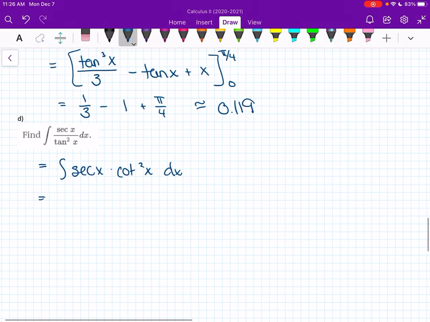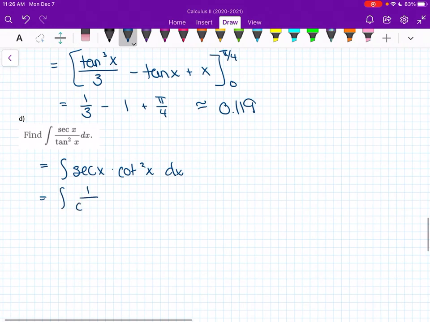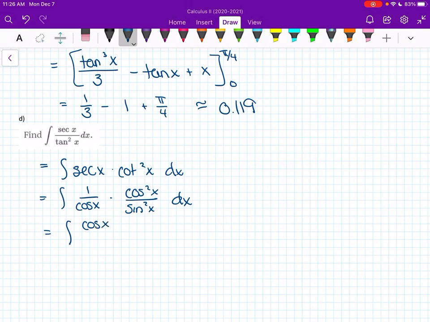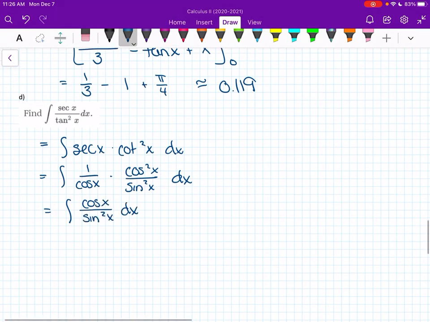And then if I convert those, I get 1/cos x times cos²x/sin²x. Then I can cancel, so I have cos x/sin²x dx.